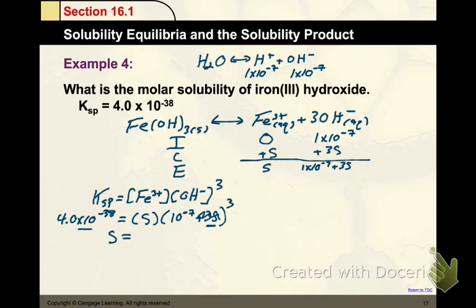Once I do that, I end up with an s value of 4.0 times 10 to the minus 17 for the solubility of the iron 3 hydroxide.